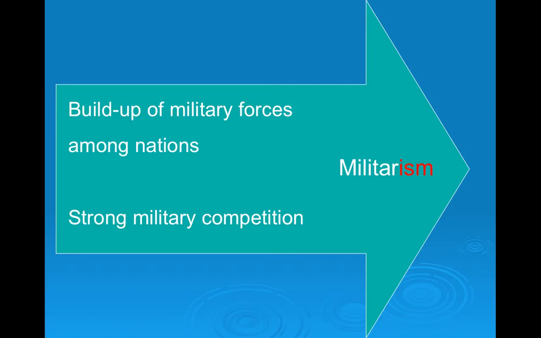Next thing I want to do, let's take a look at another ism. We have not talked about this one, but circle the ism, and look at the root word. What is it? Military. The simple definition is a buildup of military forces among nations. Basically, it creates a strong military competition.